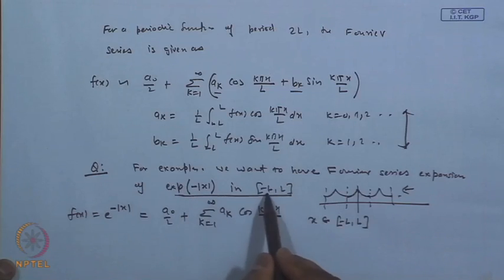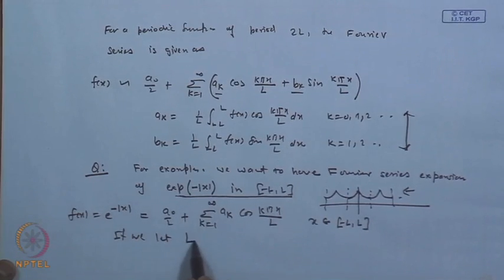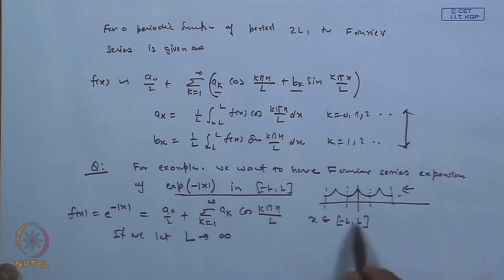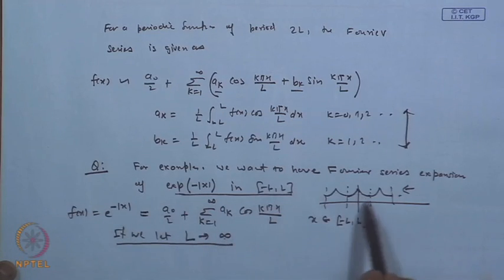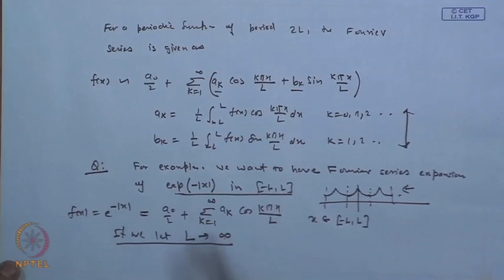But now what will happen if we let L tend to infinity? For any L we can represent this function by this Fourier series, but this is the limiting case: what will happen as L tends to infinity? Just note that in that case we cannot have this periodic continuation. In that case we have a non-periodic function.